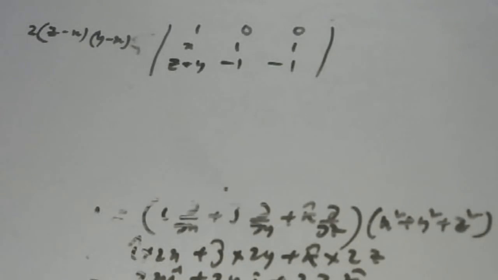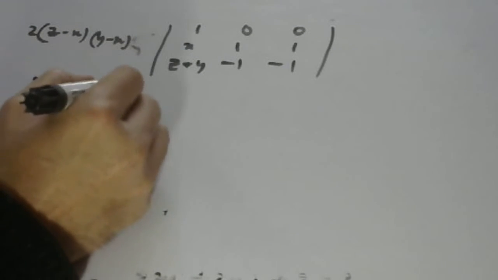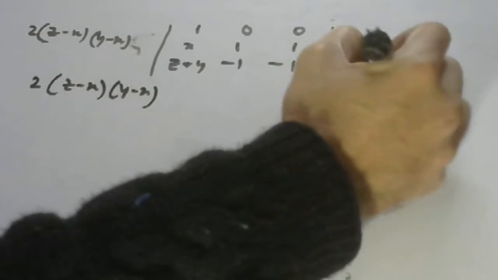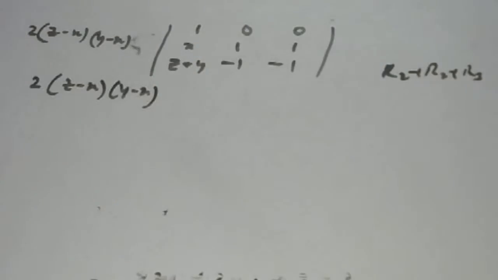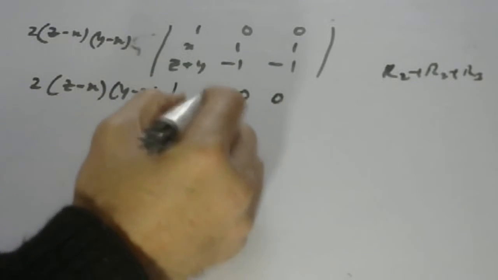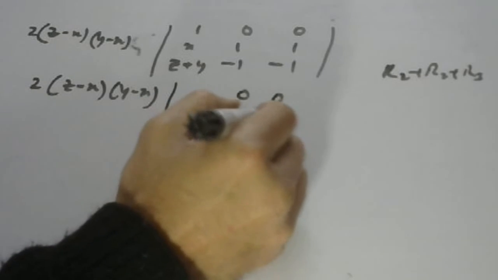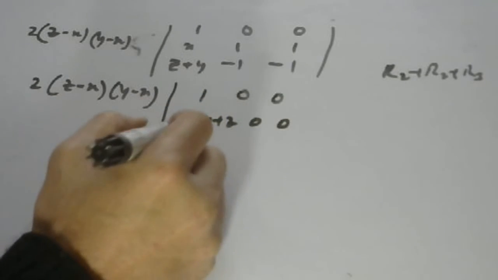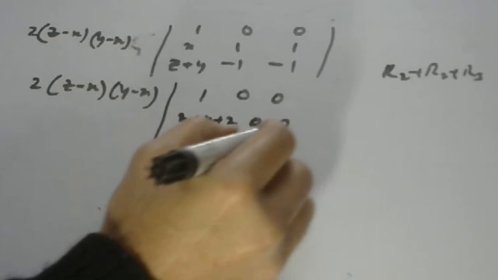Now again we operate here. R1 vector is equal to 2, z, 1, z minus x, y minus x. We operate R2 vector is equal to R2 vector plus R3. We operate here in the row operation. 1 0 0. This is x plus y plus z, 0, and this is 0. Next, z plus y, minus 1, minus 1.